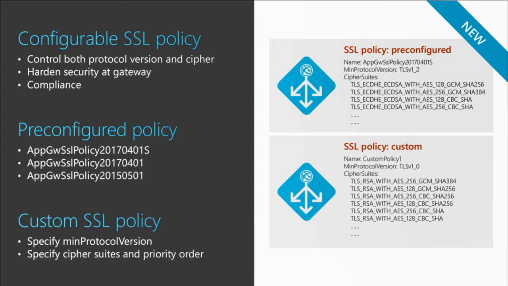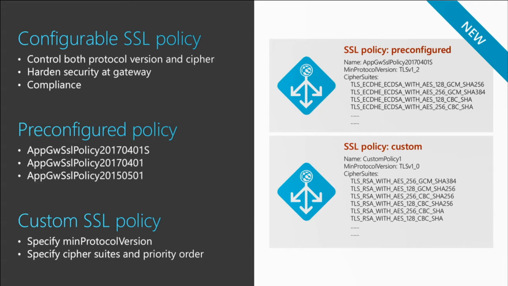There are 2 2017 policies that should give you an SSL rating of A in any kind of SSL rating service like Qualys or SSL Labs. So we encourage you to use those 2. The 2015 policy is strictly for backward compatibility purposes. All the existing gateways inherit that policy. We have eliminated from 2015 a few weaker ciphers, the key ones being some weaker Diffie-Hellman key exchange ciphers.